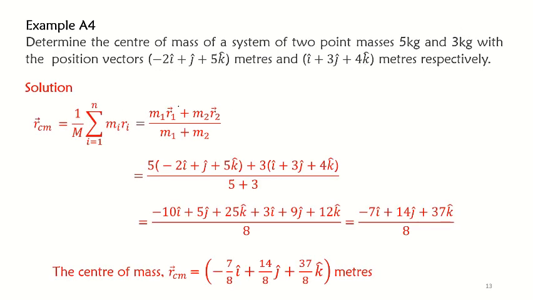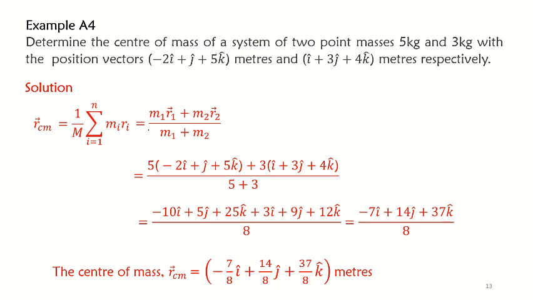Instead of using x1, y1, because it's given as a vector quantity, use vector notation R. So the center of mass will be given by the formula 1 over capital M, where capital M is the total mass, the sum of the masses, multiplied by the summation of the products of the individual masses and their respective positions.